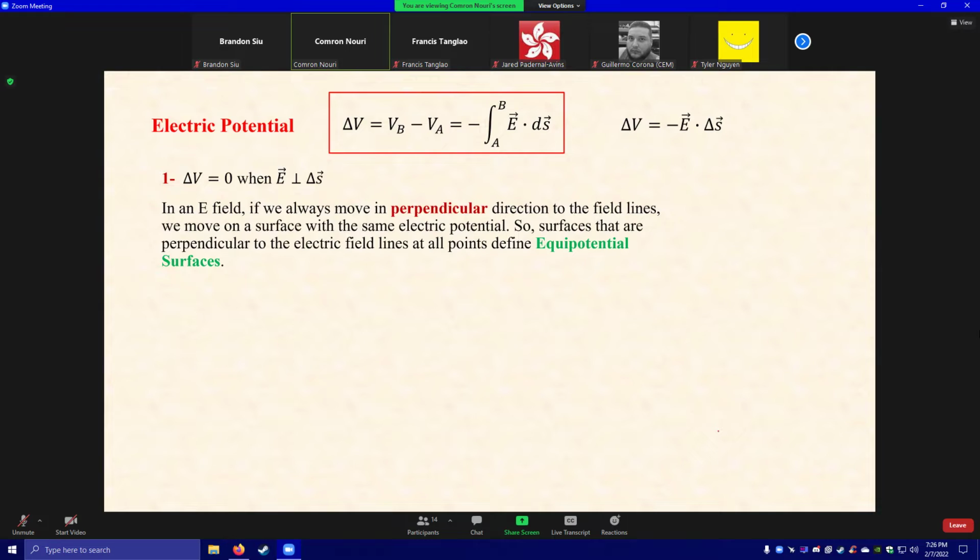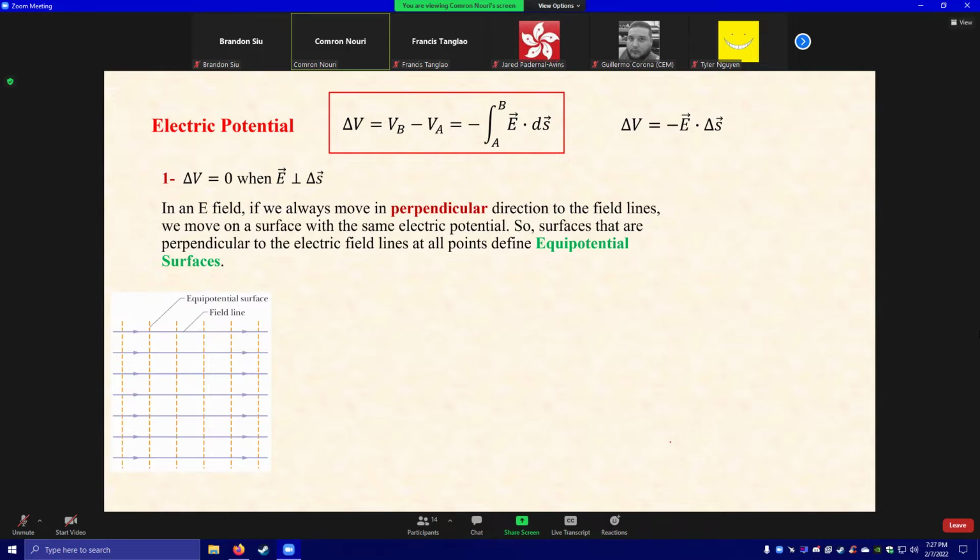In an electric field, if we always move in a direction perpendicular to the field lines, we move on a surface with the same electric potential. It means the electric potential from one point to the other doesn't change. So surfaces that are perpendicular to the electric field lines at all points define equipotential surfaces.